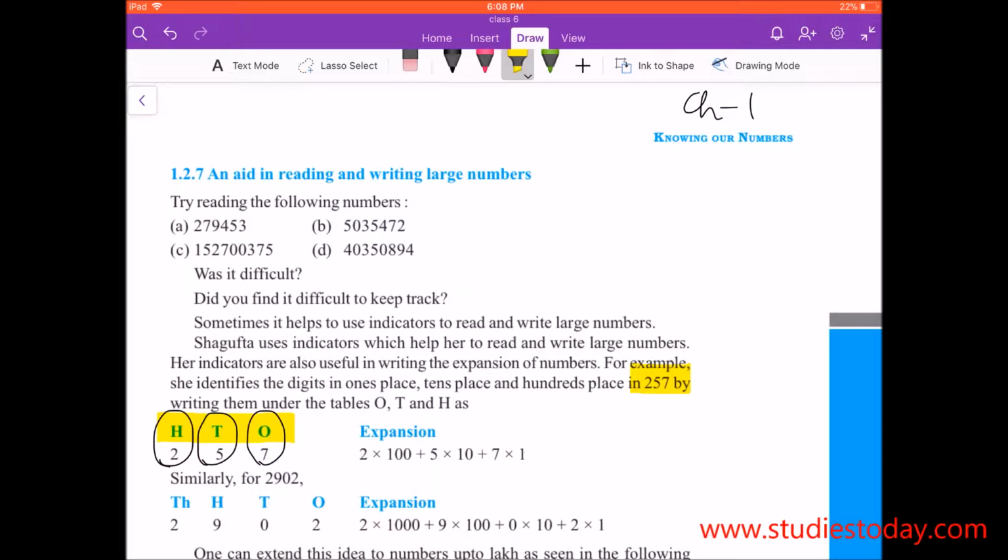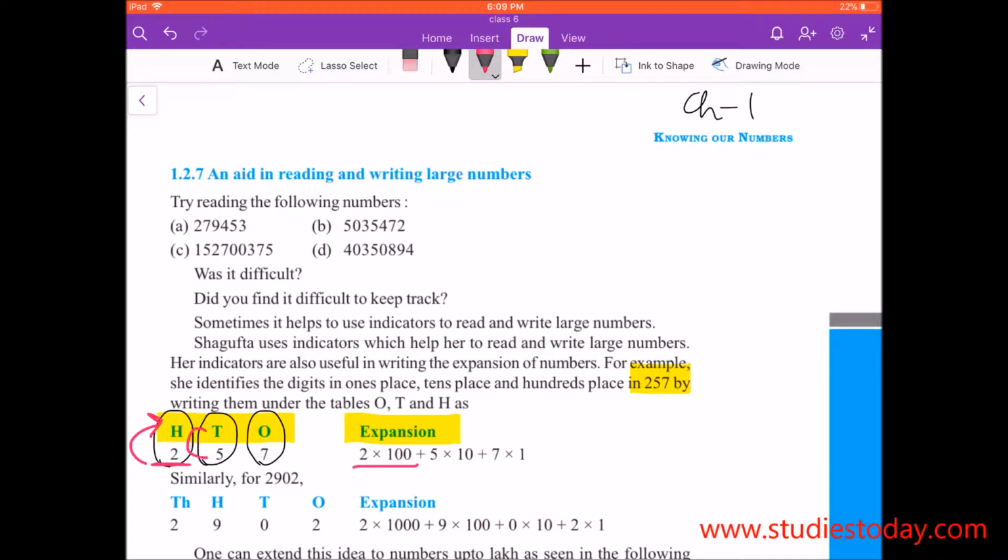Now we will also write the expanded form of a number to understand why we need the Indian and international system. If I observe the largest place of the number, it is 2, and I multiply 2 with its place value. So I get 2 into 100 in the expanded form. Then I move ahead to the next place value, which is tens.